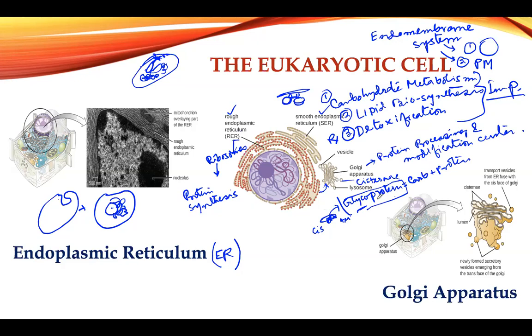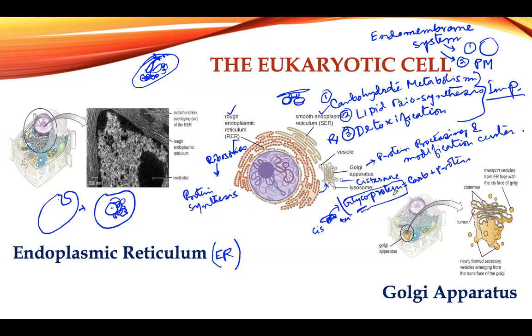When the protein reaches there, the Golgi adds that carbohydrate, monosaccharides or disaccharides, and gives a complex protein structure. That's how it processes or modifies the protein. So that's the function of the Golgi apparatus.